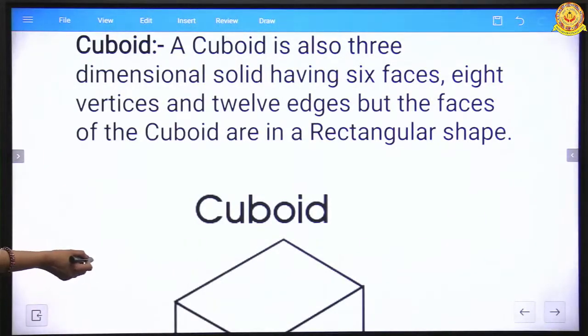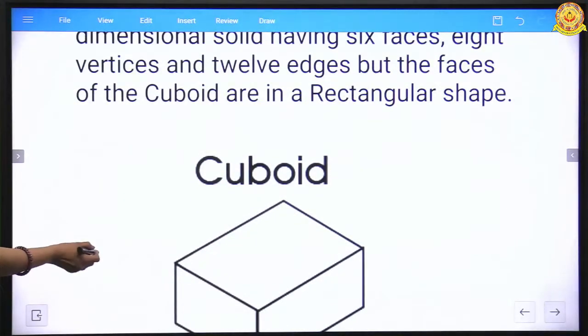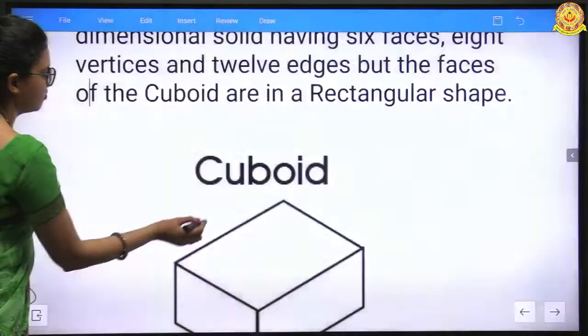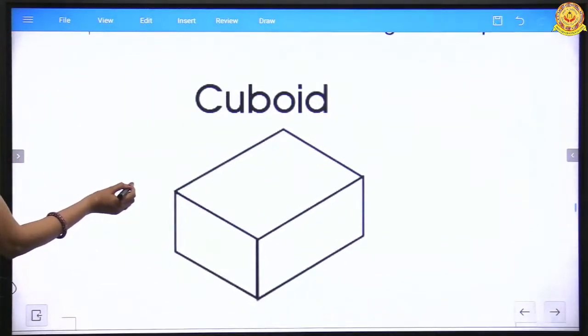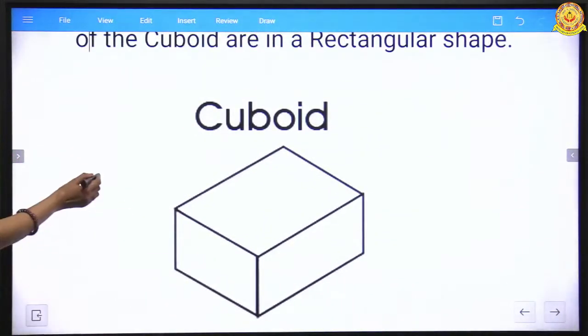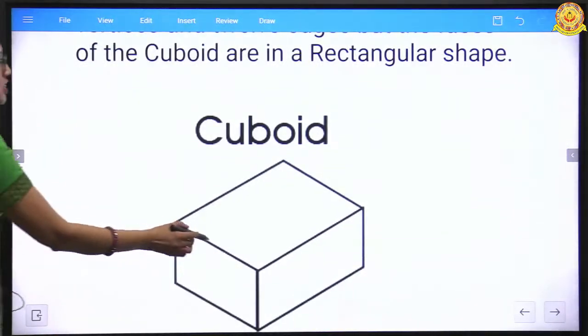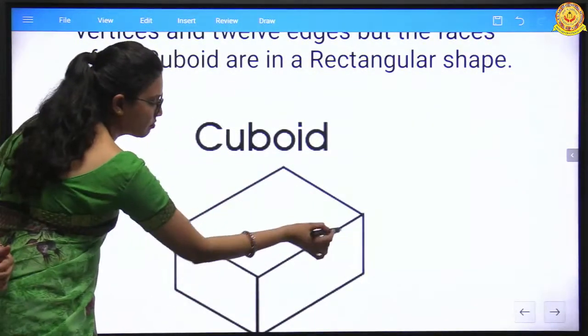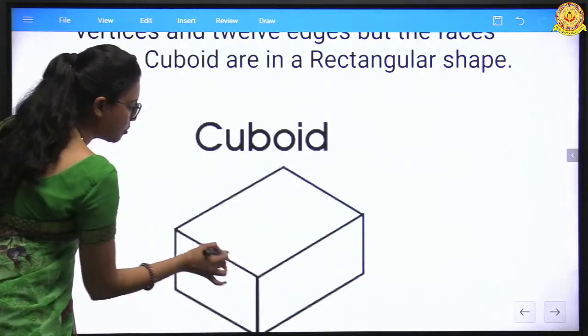If you see a cuboid, its face is looking like a rectangle. This shape is looking like a rectangle.